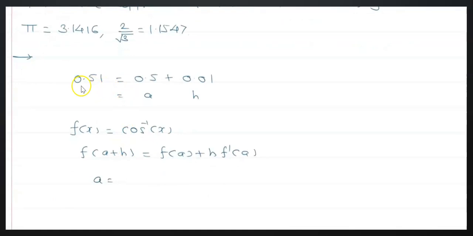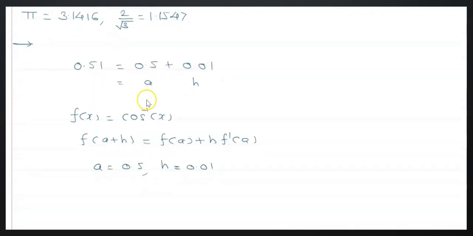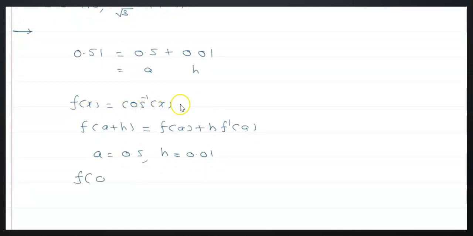There is 0.51, which is 0.5 plus 0.01. This is a and h. f of x is equal to cos inverse of x, and this is the formula: f of a plus h is approximately equal to f of a plus h into f dash of a, with the value of a and the value of h.